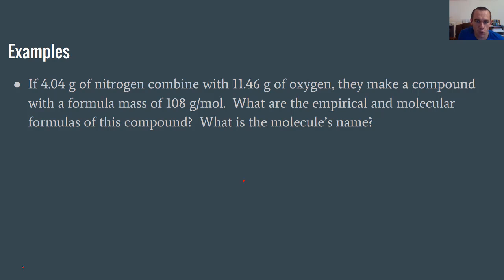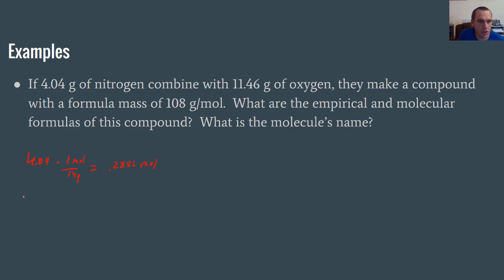Now, the last one, similar thing, we're going to go through and find the moles of each substance. So 4.04 grams of nitrogen times 1 mole per 14 grams, and this gets me 0.2886 moles.